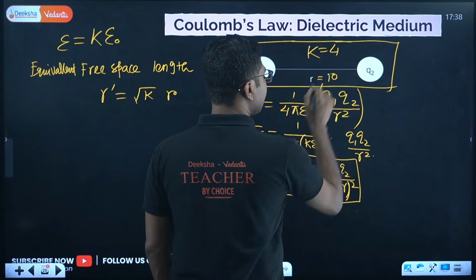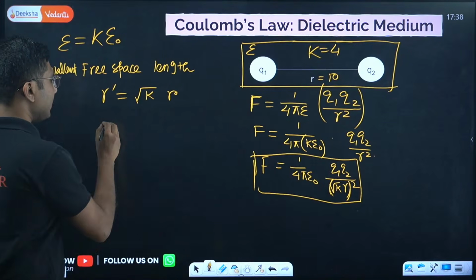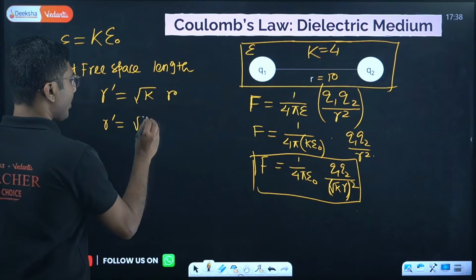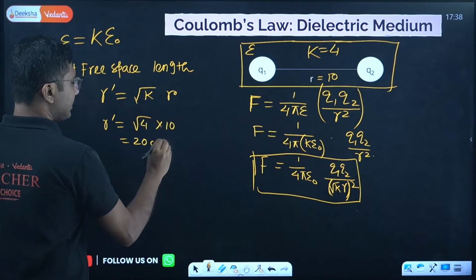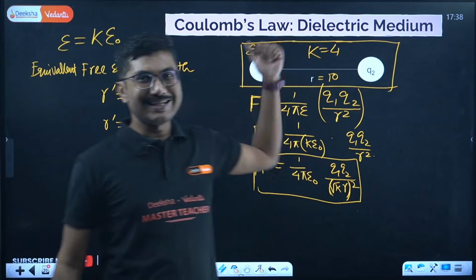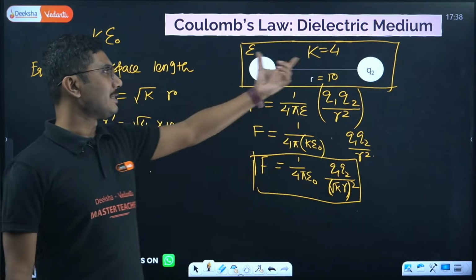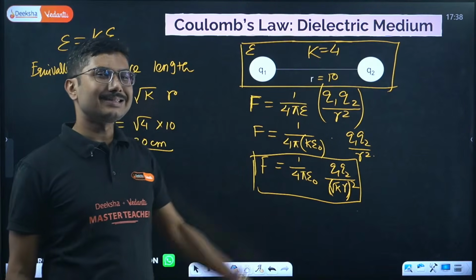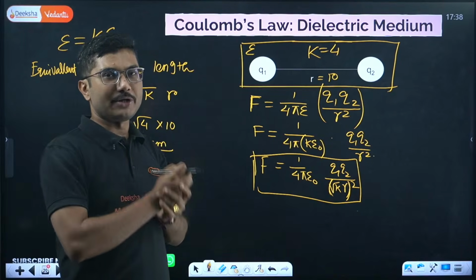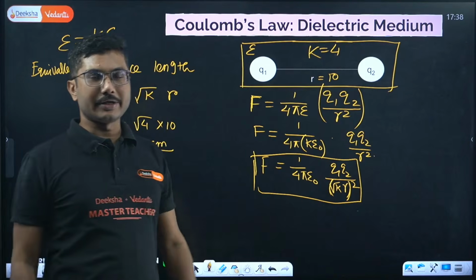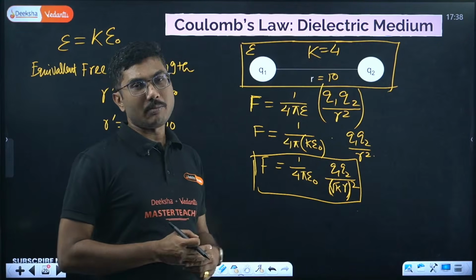If you put it inside this dielectric medium, what will be the new distance? The new distance will be square root of 4 into 10, that is 20. So the new distance will be more than the initial distance. The only fact is that one distance is in air, the other in the dielectric medium. Because the equivalent length increases, when you put a combination of charges inside a dielectric medium, the force between them always decreases.